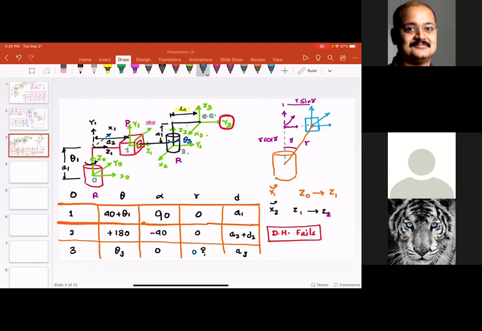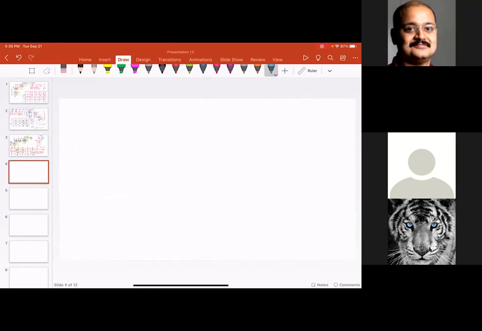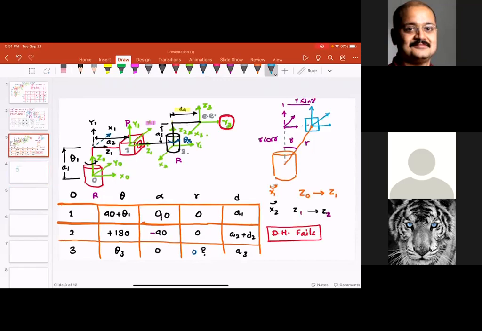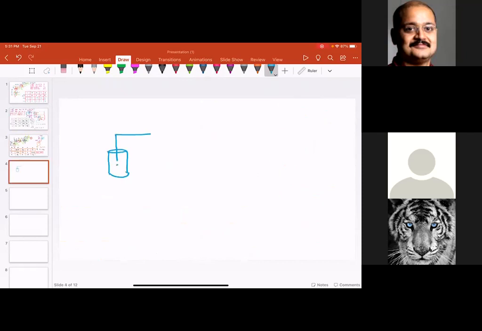In this particular case, the strong proponents of DH parameter would say the DH parameter technique is failing because you assume the coordinate system wrong. It may be possible for the DH parameter to work if you use a coordinate frame something like this. What I'm showing you here is joint number 2 and joint number 3.